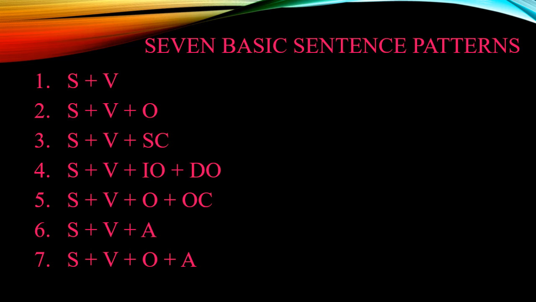is the object. So here we have the verb killed, which is a transitive verb, which is followed by an object. Now the next example of the basic sentence pattern is S plus V plus SC. That is, you have the subject, verb and the subject complement. For example, Jatin is a doctor.